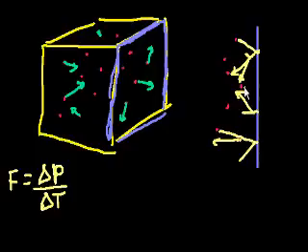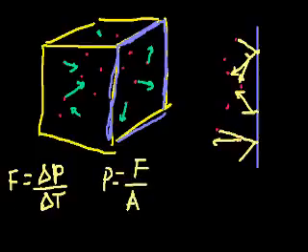But we can say on average, this many particles are changing momentum on this wall in this amount of time, and so the force exerted on this surface is going to be whatever, x. And if we know what that force is and we know the area of the wall, we could figure out pressure, right? Because pressure is equal to force divided by area.